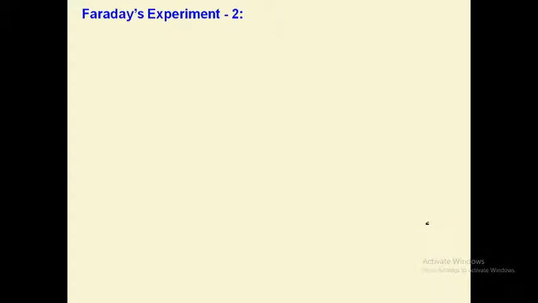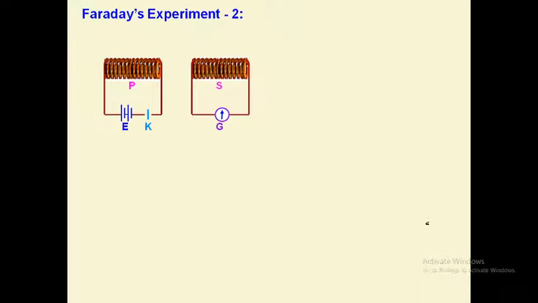Now let us see the second experiment of Faraday. What he did, he took 2 coils, and please see, in the first coil there is a cell and a switch. So when you switch on, the current will flow in the first coil.